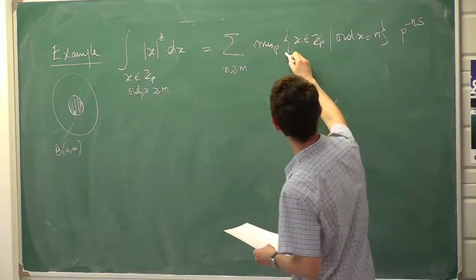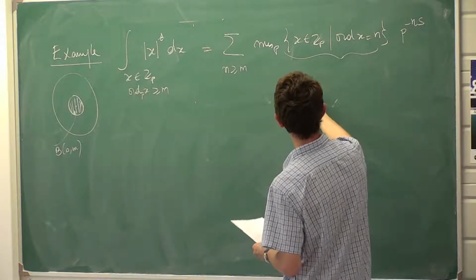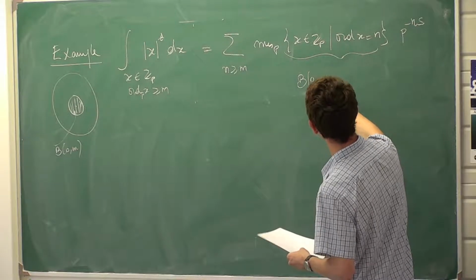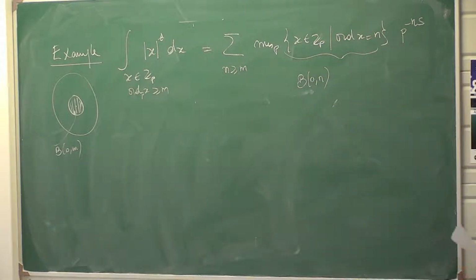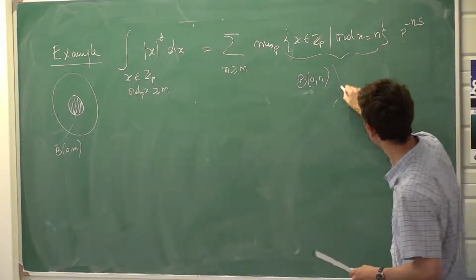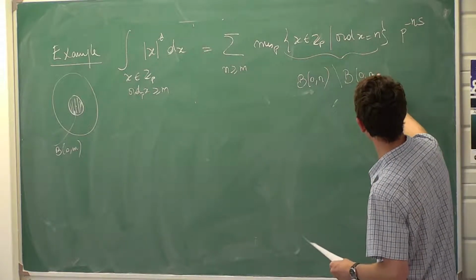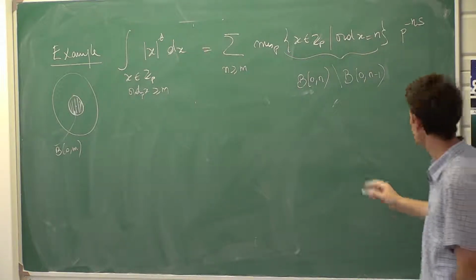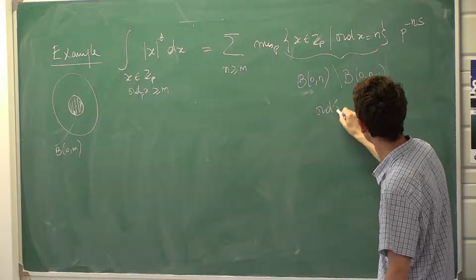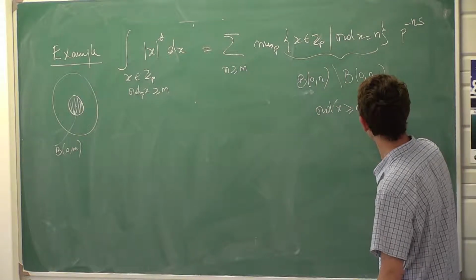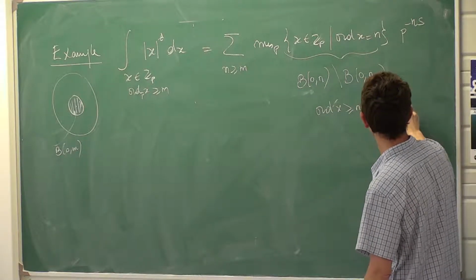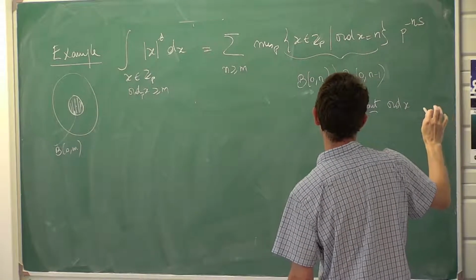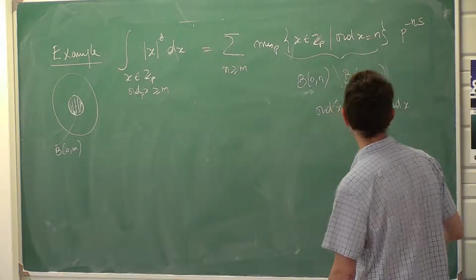And you can see that this object is in fact the difference between a ball with valuative radius n minus the ball with valuative radius n plus 1.